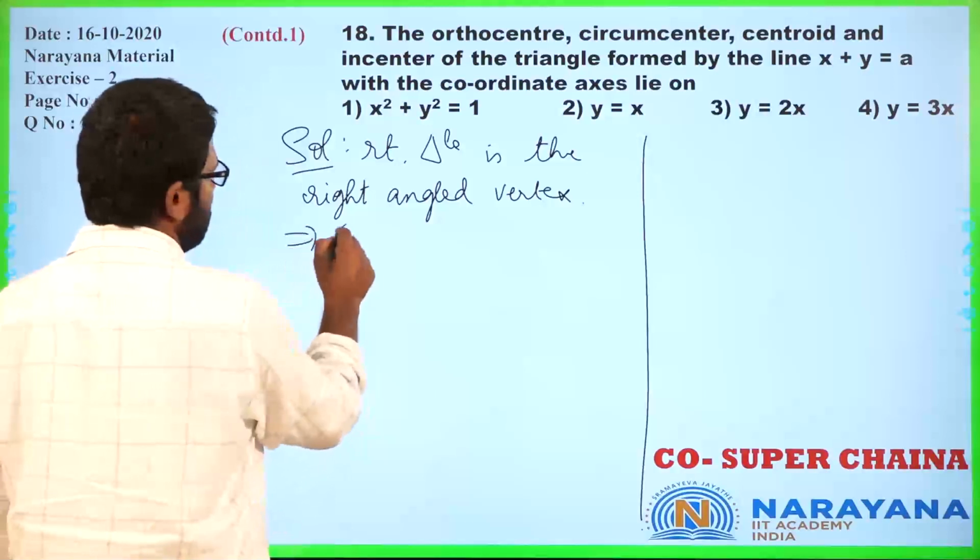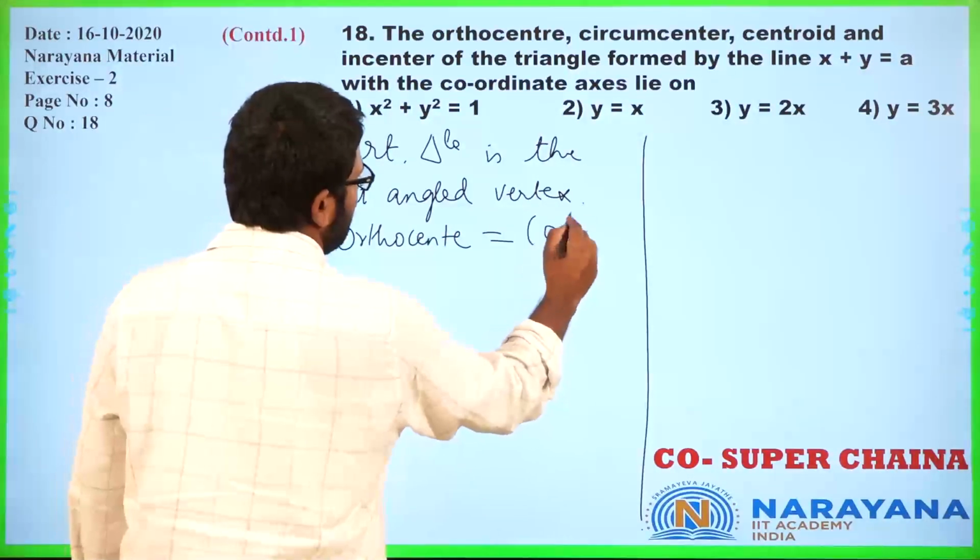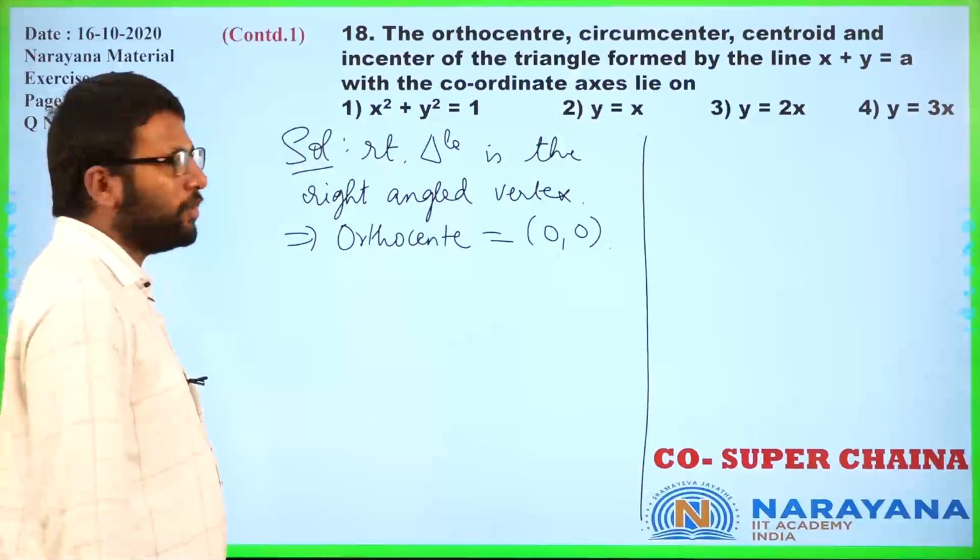Right? Which means orthocenter of this triangle OAB is 0, 0.